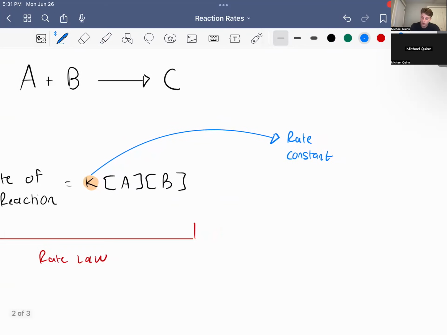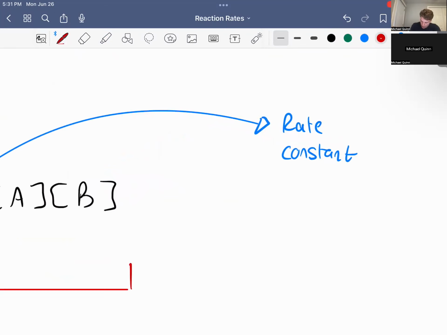So if we have a large rate constant, so large K, this means that we have a fast reaction. If we have a small k, this is a slow reaction.